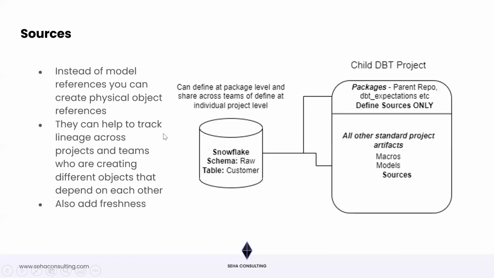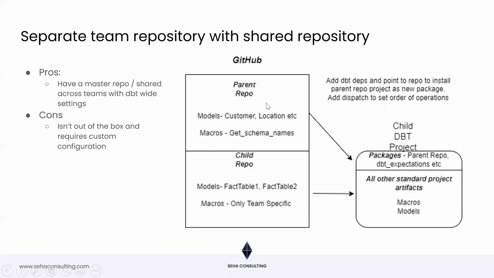Another thing I'm going to mention are sources. This is not directly related to that child and parent repo architecture per se. But in this model, you've got models with customer, location, or whatever.